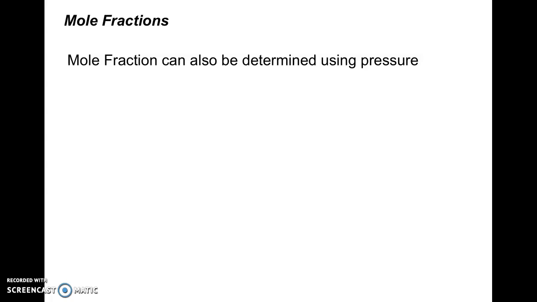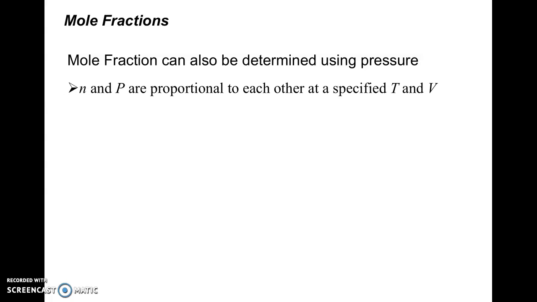A mole fraction can also be determined using pressure if you don't know the number of moles, because the number of moles and the pressure are proportional to each other as long as you know the temperature and the volume. Remember, the pressure is due to the collisions of the molecules as they hit the wall of the container.